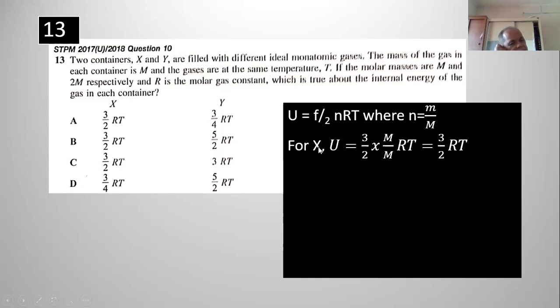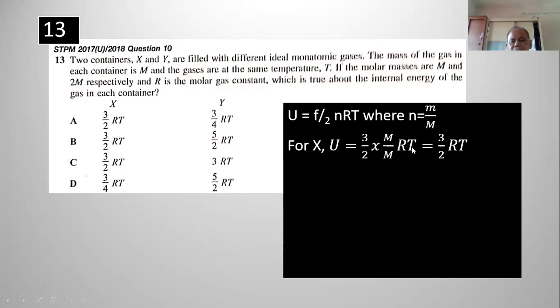So for X, internal energy, monoatomic, your f is 3 degrees of freedom. And then your n, your mass is m, molar mass is also m.